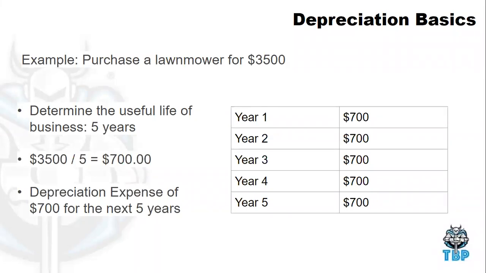In this case, it's $700. So instead of taking $3,500 for the first year, we're taking $700 for 5 years. If you think about it, there's no voodoo math involved. You're still writing off the $3,500. You're not cheating or making up expenses or additional revenue. You're simply spreading them out. And that's a very high level, very basic look at depreciation.